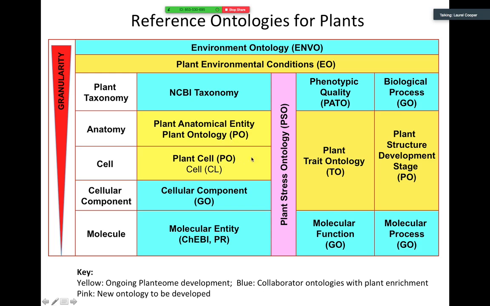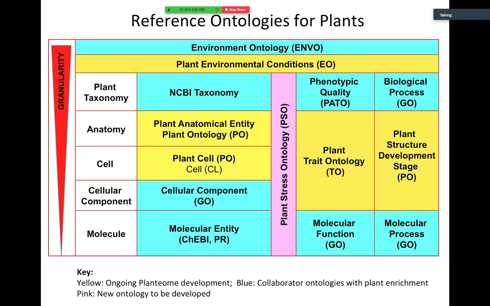That's the plant ontology, the plant trait ontology. This is the other aspect of the plant ontology. And we also have a plant environmental conditions ontology. And we have a plant stress ontology, which is currently under development, which spans a wider range of this granularity spectrum. And along the way, we have, in the green, our collaborator ontologies who we work with.